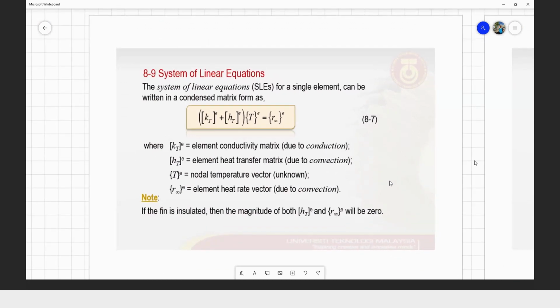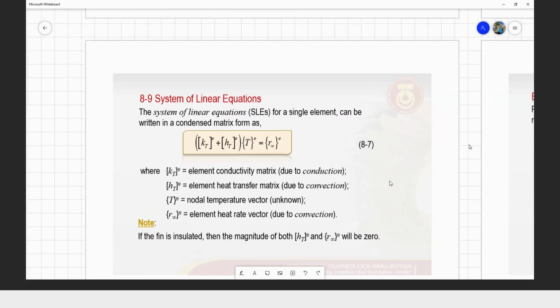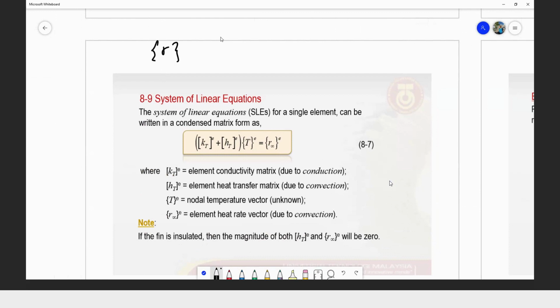Alright, now just now what do we have? We have the R vector, then we have the H vector, and these two pieces of information are to be included in our system of linear equations.